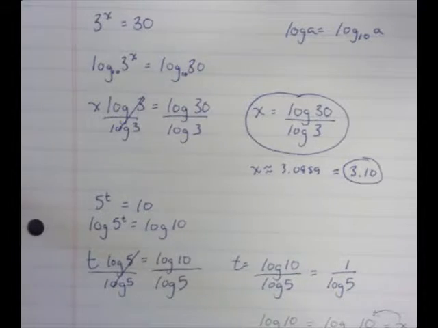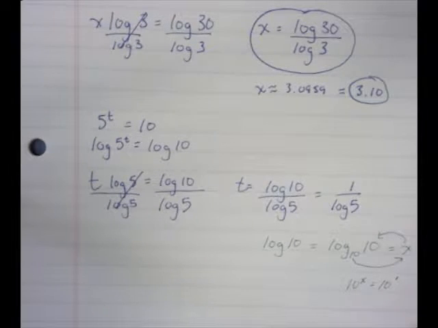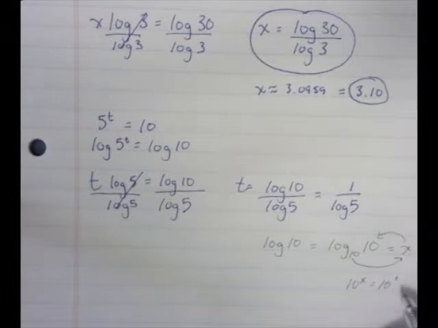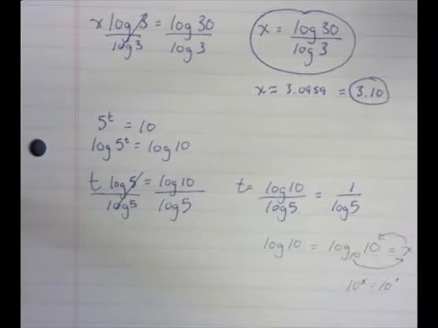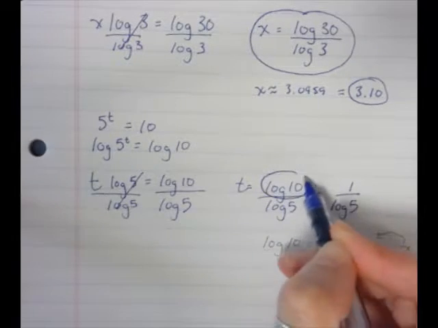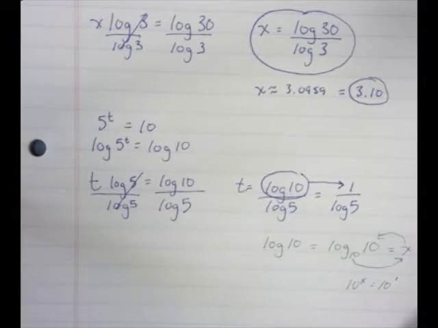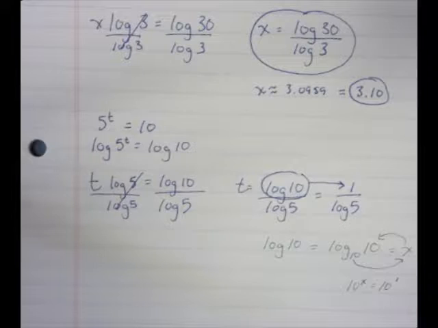There's a little invisible one up there, so x equals 1, right? So log 10 is actually the number 1. Either one of these I would accept, but I do want you to understand that log 10 is equal to the number 1, okay?